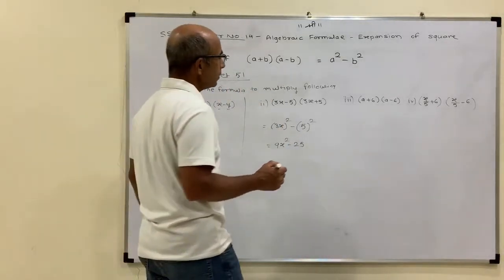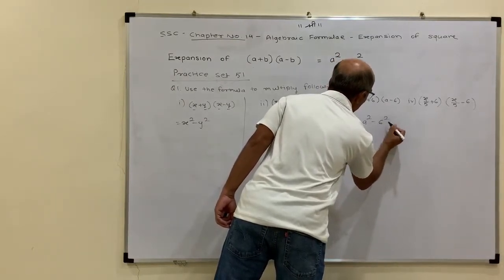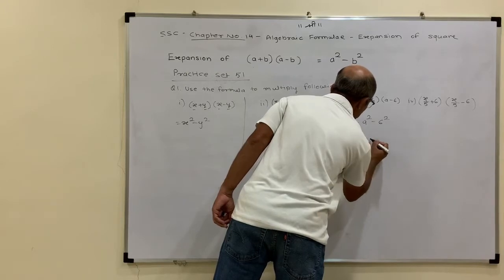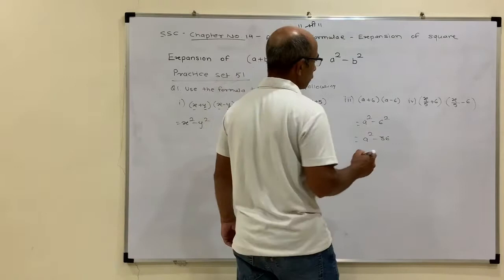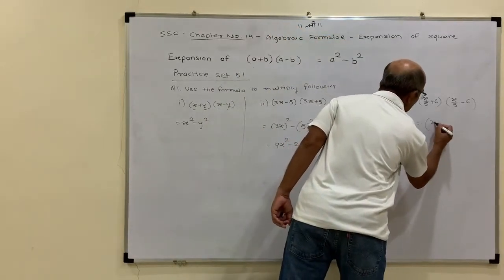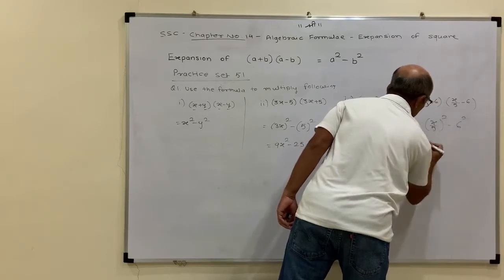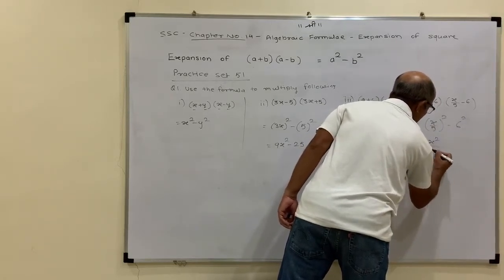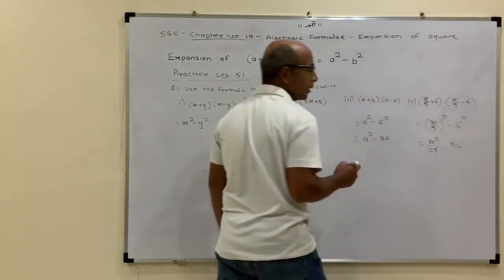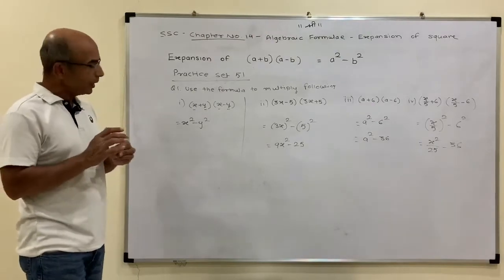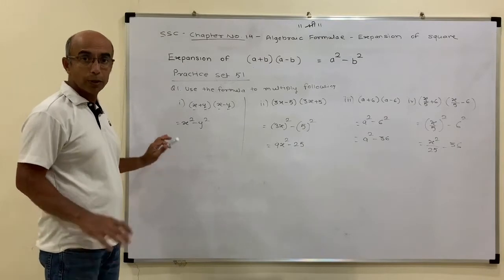The third one, a square minus 6 square, that will be a square minus 36. And the fourth one, (x divided by 5) square minus 6 square, so x square divided by 25 minus 36. That's it. There are not many complications here. You have the formula, and according to the formula you need to solve.